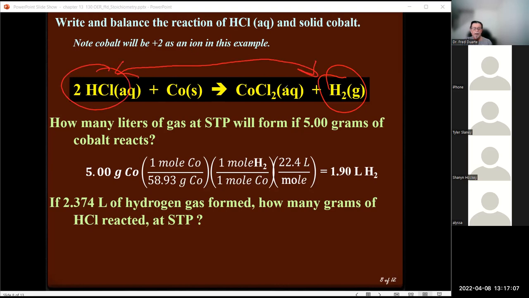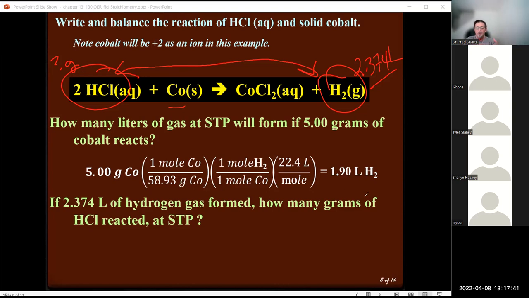If I ran the reaction and I'm back calculating, I measured out 2.374 liters of hydrogen gas. Well, how many grams of hydrochloric acid must have reacted, assuming we have enough cobalt for it to react to give you 2.374 liters? All right, so that's a relationship.